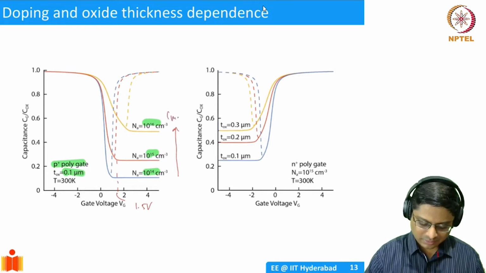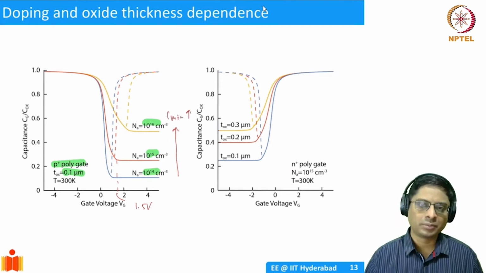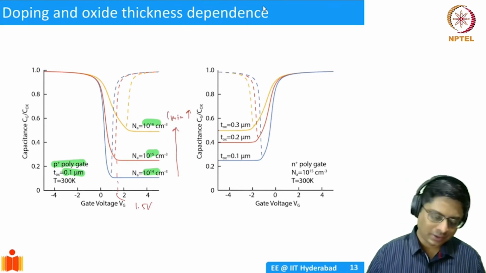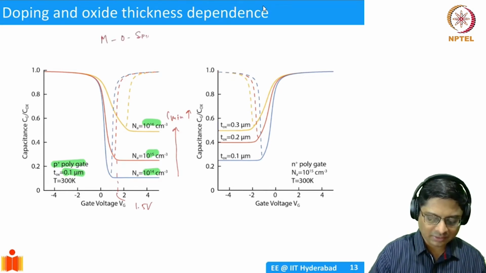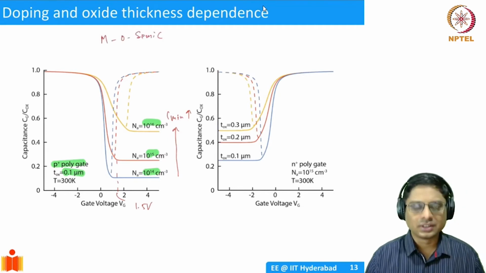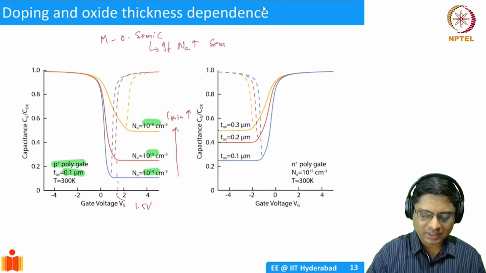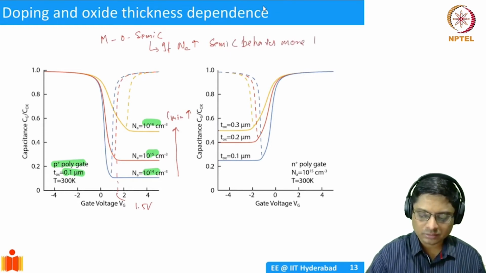So Cmin increases, and in a way that is sensible, because what does increasing the doping of the semiconductor mean, right? So what you have is a metal, oxide and a semiconductor, right? Now, if Na increases, semiconductor behaves more like a metal, isn't it?